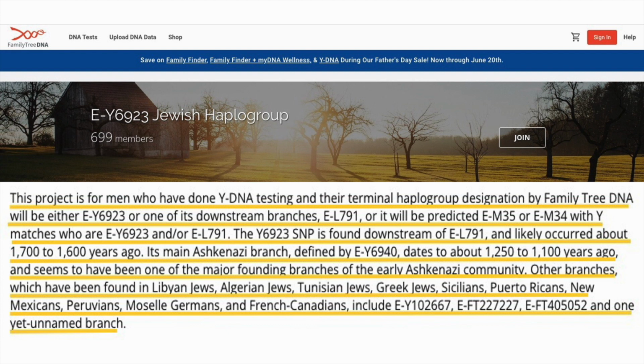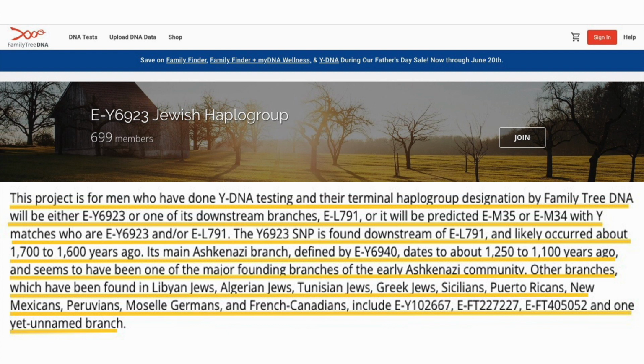The Y6923 SNP is found downstream of E-L791 and likely occurred about 1,700 to 1,600 years ago. Its main Ashkenazi branch, defined by E-Y6940, dates to about 1,250 to 1,100 years ago. It seems to have been one of the major founding branches of the early Ashkenazi community.